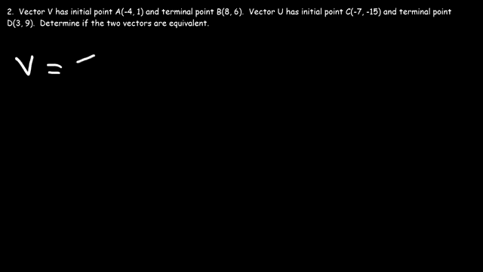So the component form for vector v, let's start with vx, is going to be the difference between the x values of the terminal point and the initial point. So it's going to be 8 minus -4.